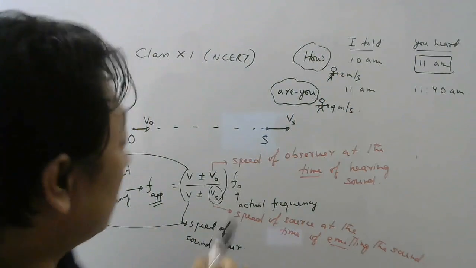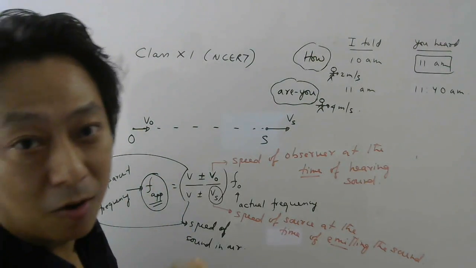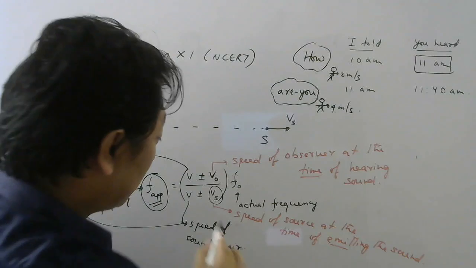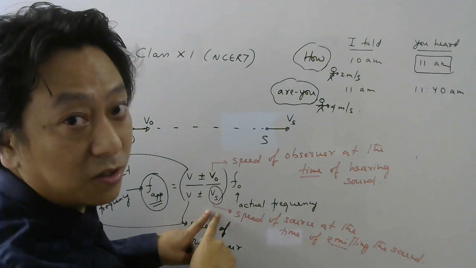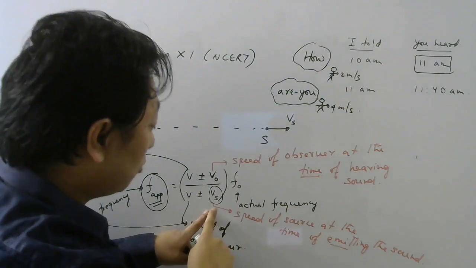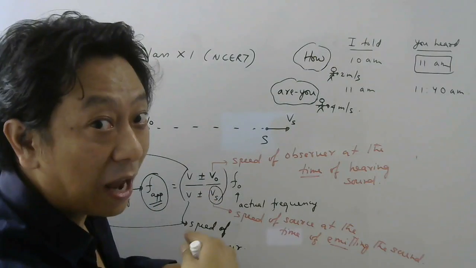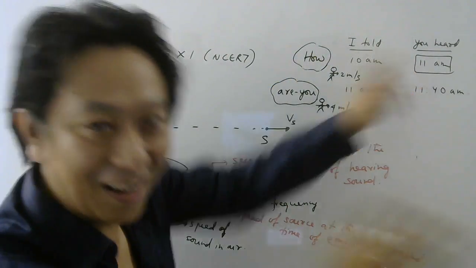So therefore students, when you are asked to calculate apparent frequency of the sound heard by you, let's say at 11, the velocity of the source that you should use is not the velocity of the source at 11, because that may be different, right? You have to use the velocity of the source which it had at the time of emitting that sound which reached you later, right?